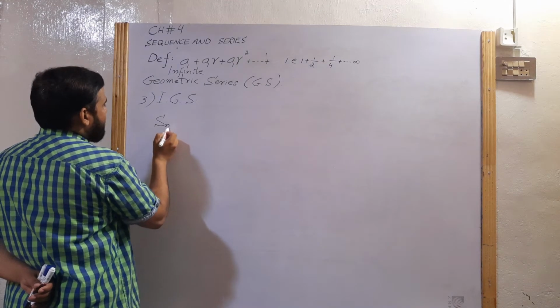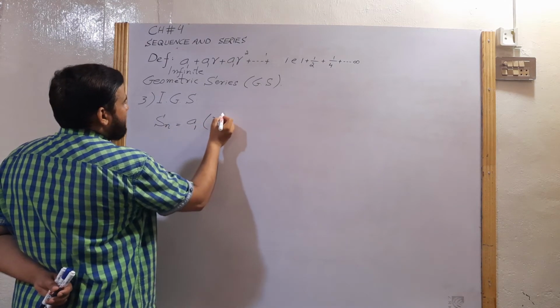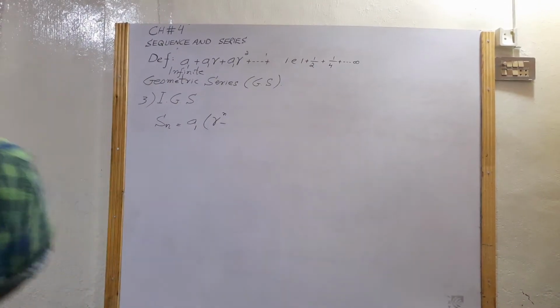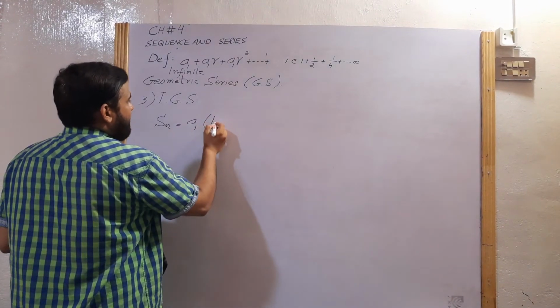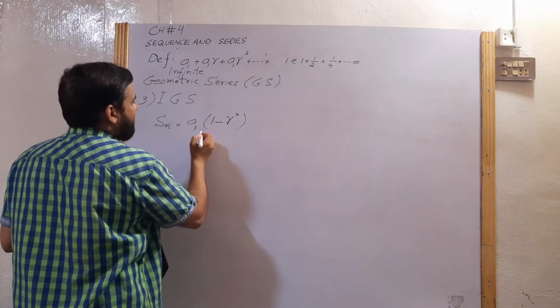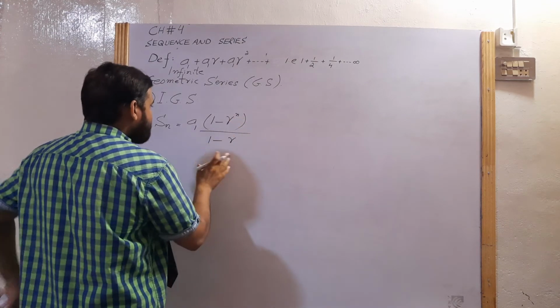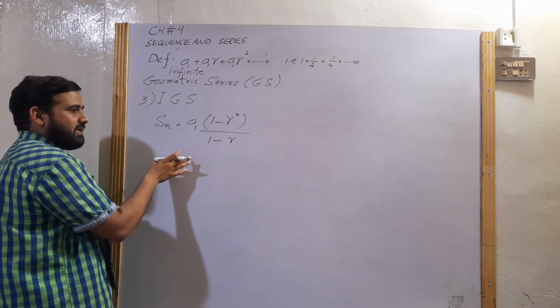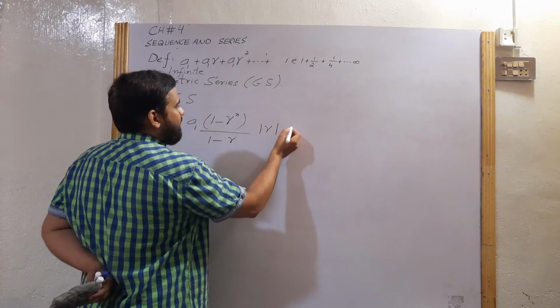For example, we know that Sn is equal to a1 times (1 minus r raised to power n) divided by 1 minus r. It is the simple case if the series is finite and if r is less than 1.